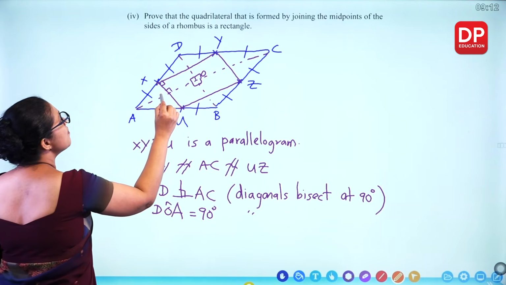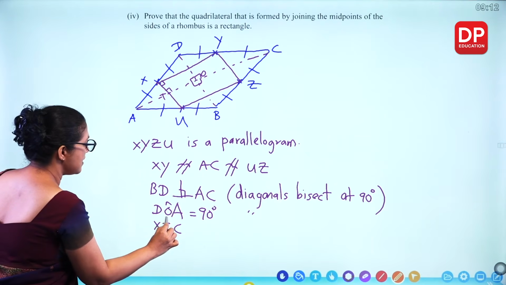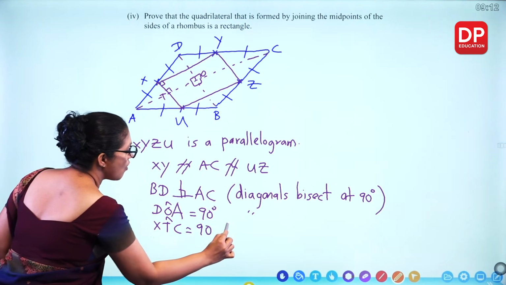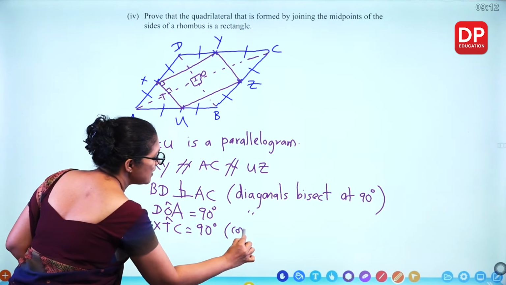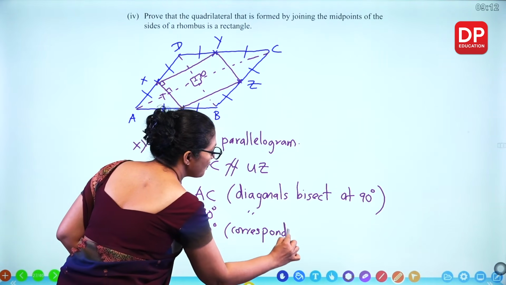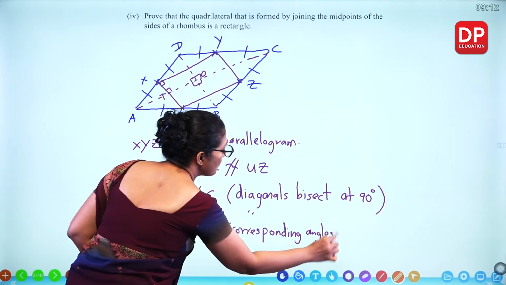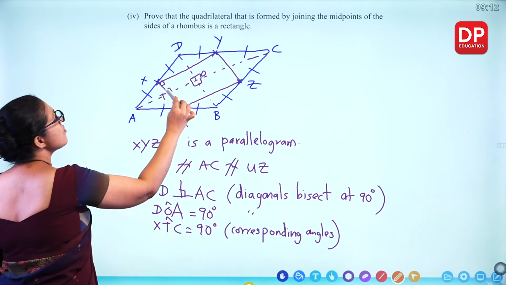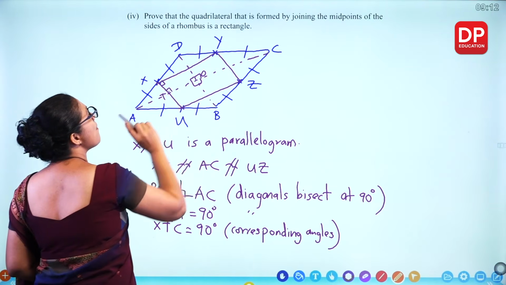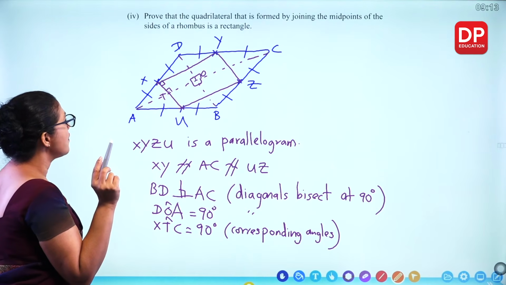X, we'll put T or something, XTC angle is also 90 according to corresponding angles. If this is 90, this is also 90 because these are parallel lines. Allied angles add up to 180.